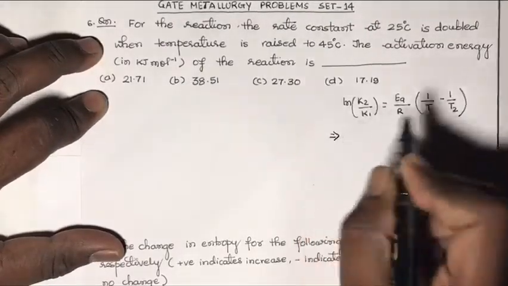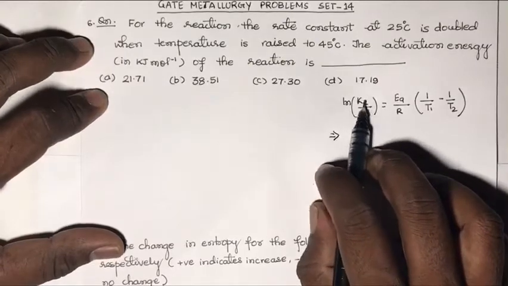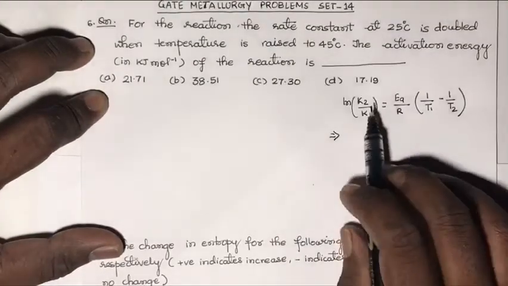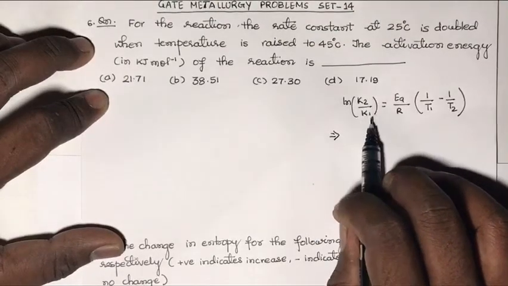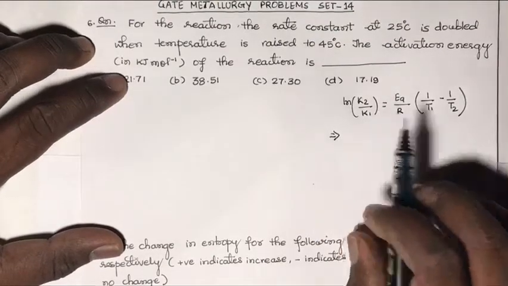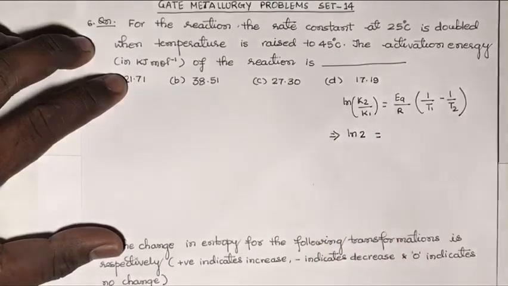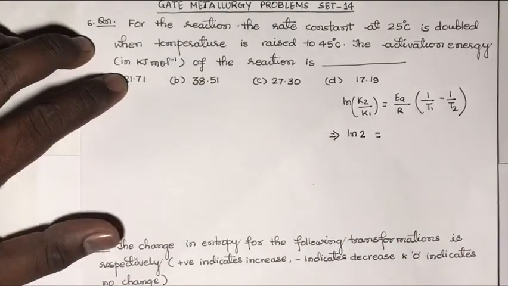Now this is the ratio of rate constant at 45 degrees centigrade to the rate constant at 25 degrees centigrade, and this ratio is 2 because the rate constant becomes doubled.